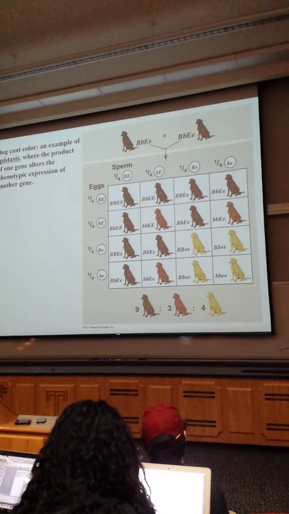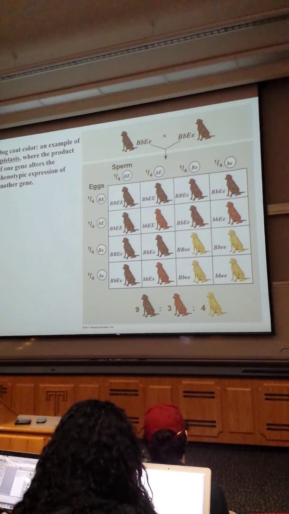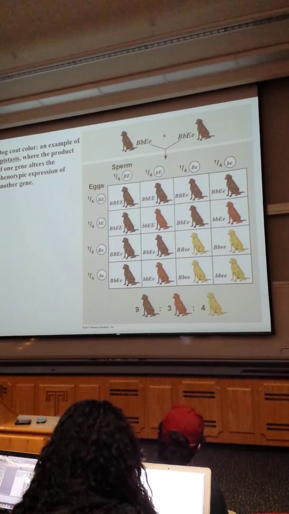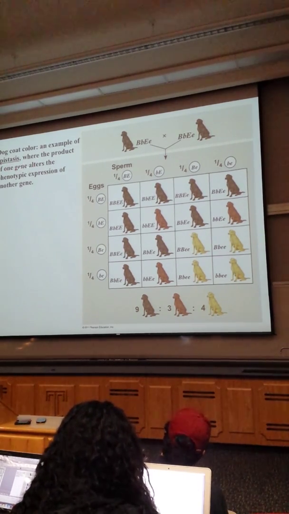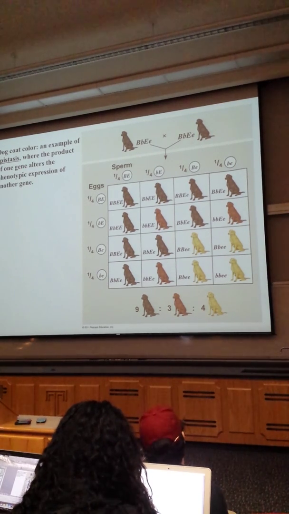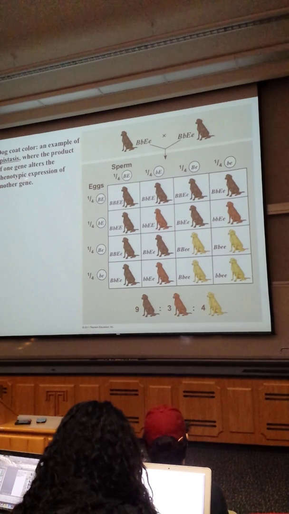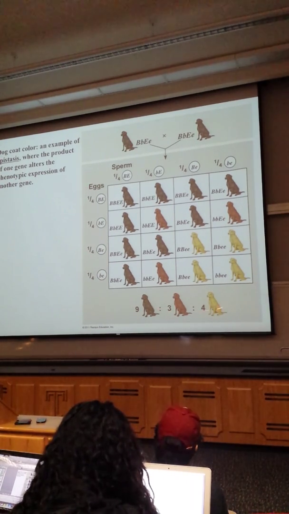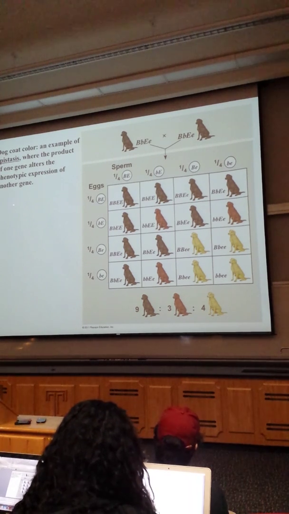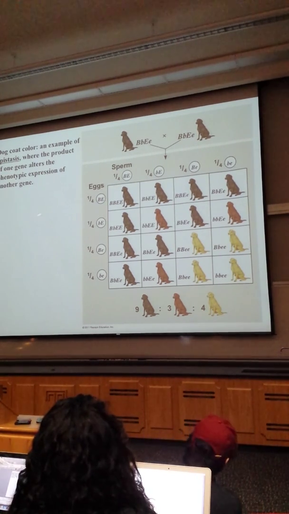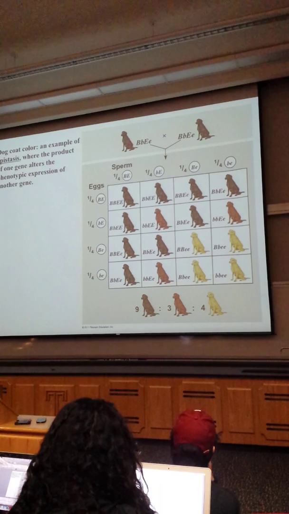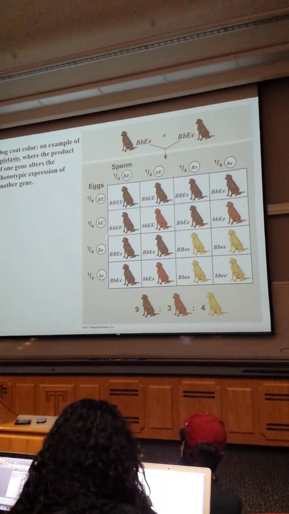So this is an example of epistasis, where one gene product, for example a transcription factor, alters the expression of another gene, such as an enzyme involved in pigment production.